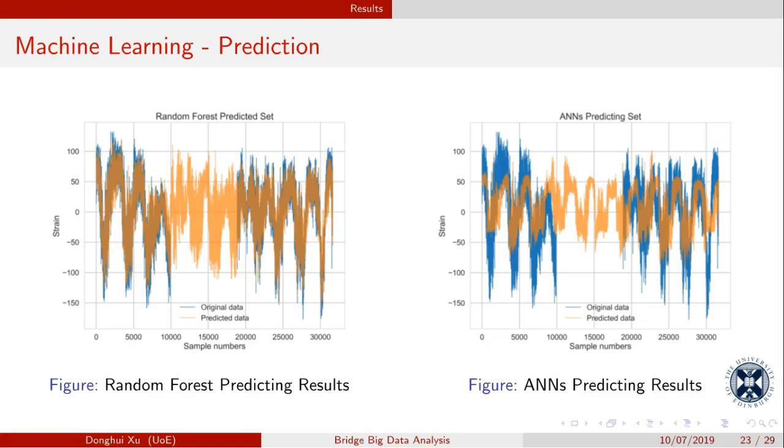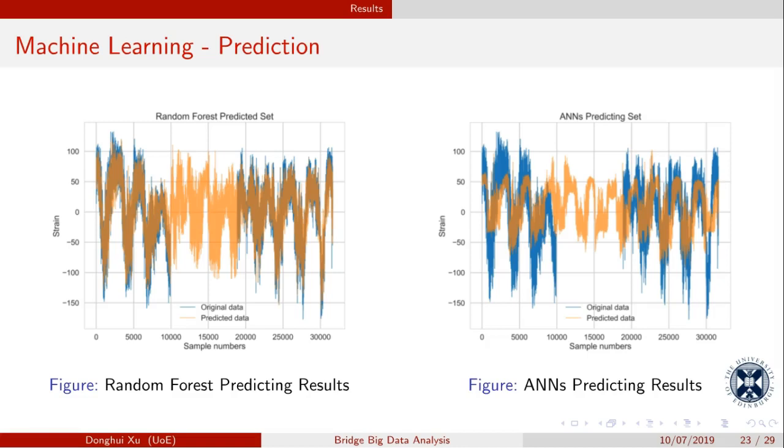Next, we applied two machine learning methods, the random forest and a simple shallow artificial neural network. From the results, we can see that random forest actually has better performance, and it reached an accuracy of 90%. The simple shallow artificial neural network is only 60%. And we managed to fill the gaps with these two methods.